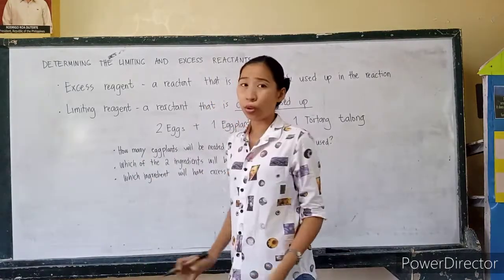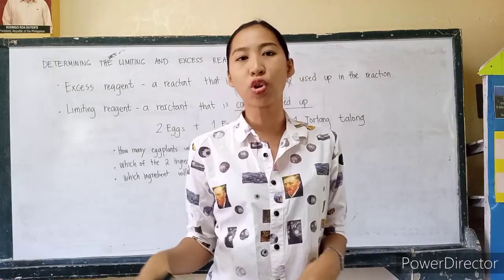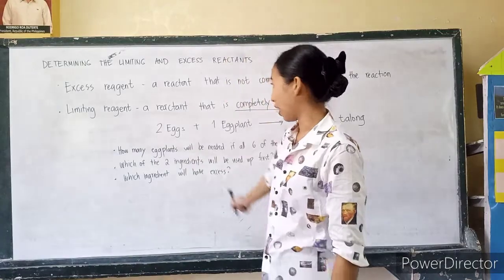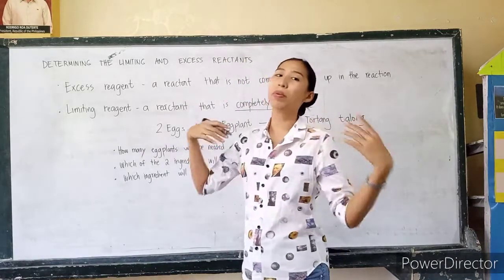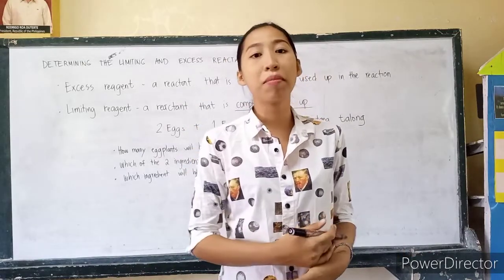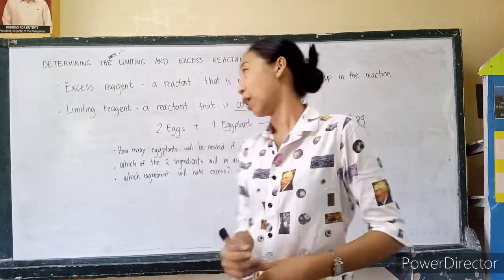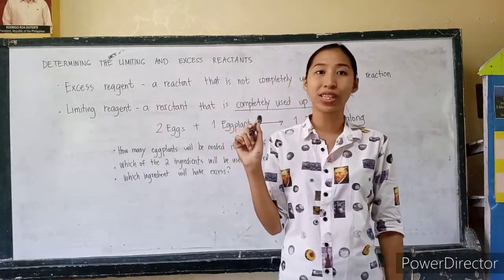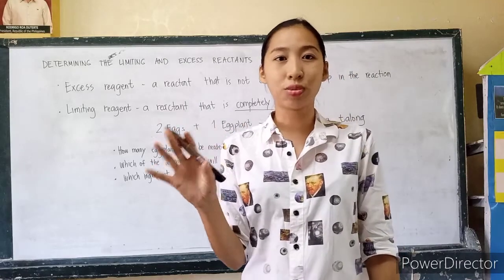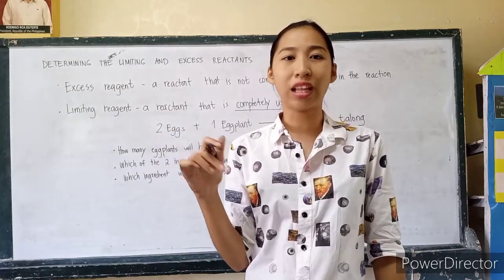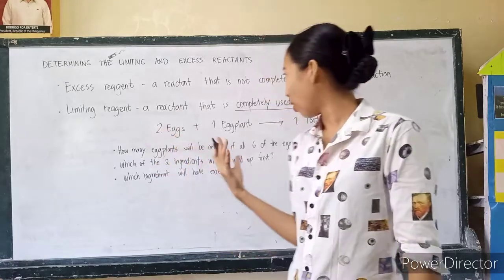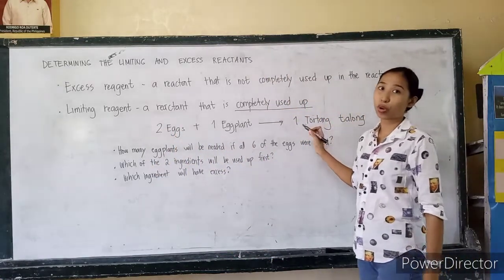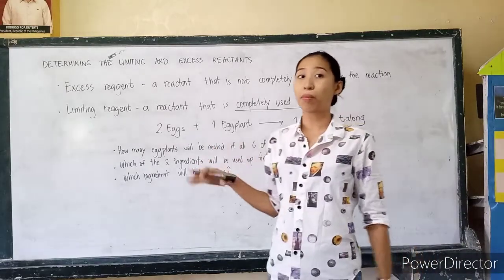Okay, so before we proceed to the more complicated molecules and chemical reactions, here is an analogy so you can understand what limiting reactant and excess reactant mean. For example, something basic we cook in our kitchen, a viand that we Filipinos love: the product is tortang talong. We know the basic ingredients.